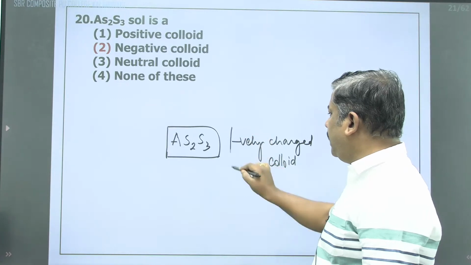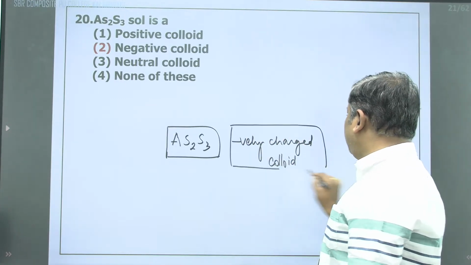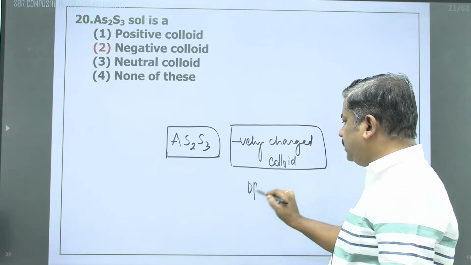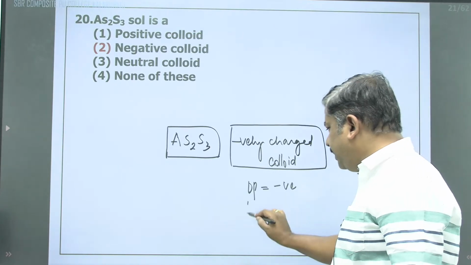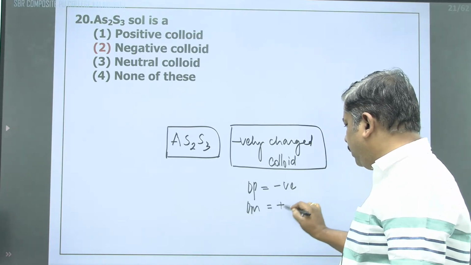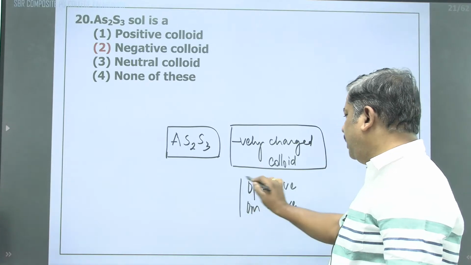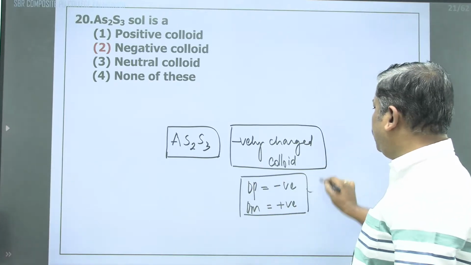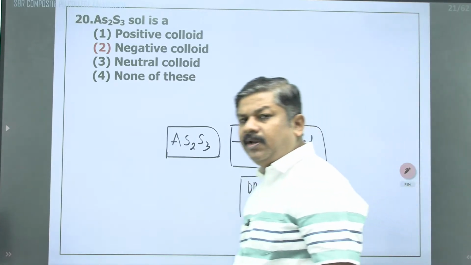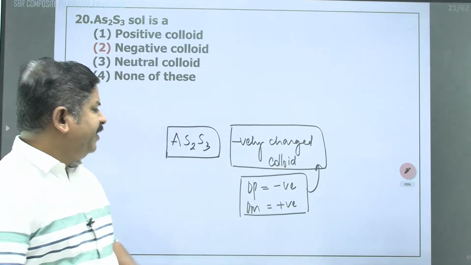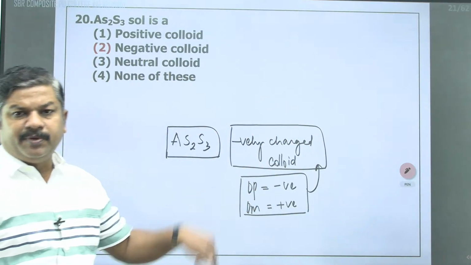What is the meaning of negatively charged colloid? The particles of the dispersed phase, dP, are carrying negative charge, and the dispersion medium is carrying equal and opposite charge. Wherever the dP carries negative charge, the colloid is commonly called negatively charged colloid. And if dP carries positive charge, it is called positively charged colloid.